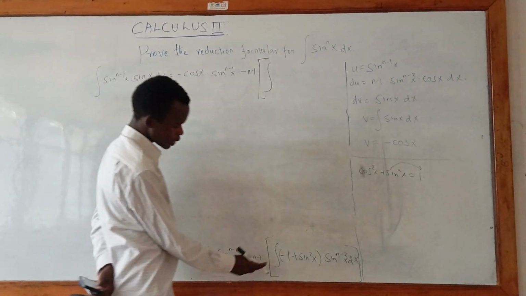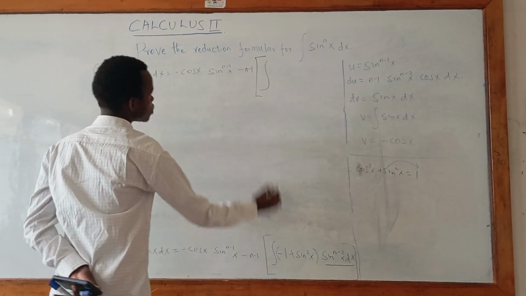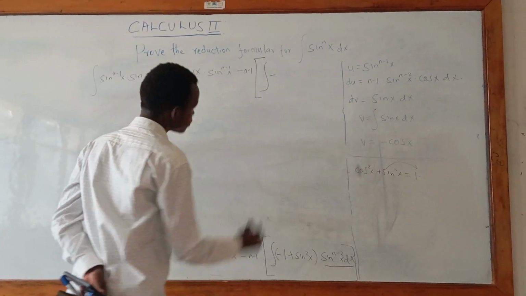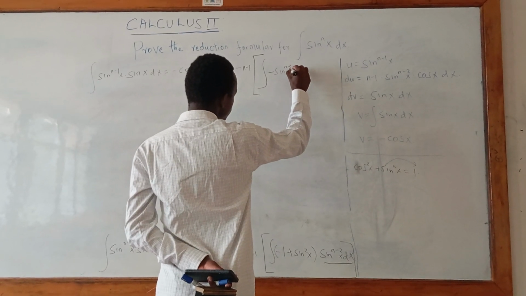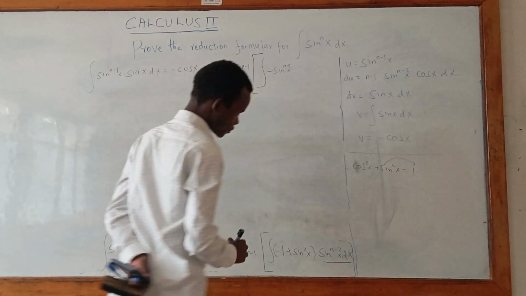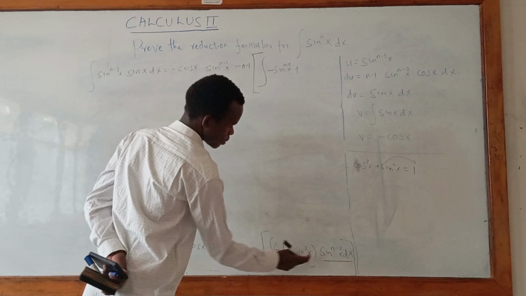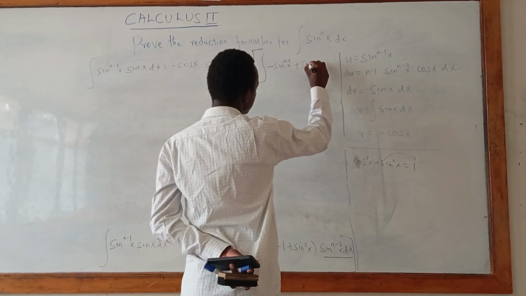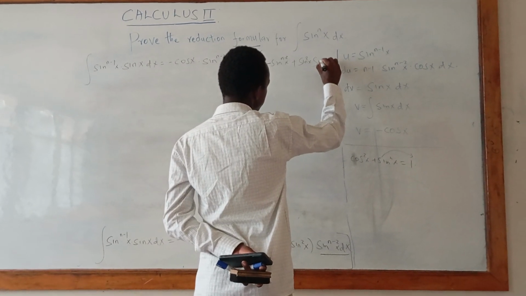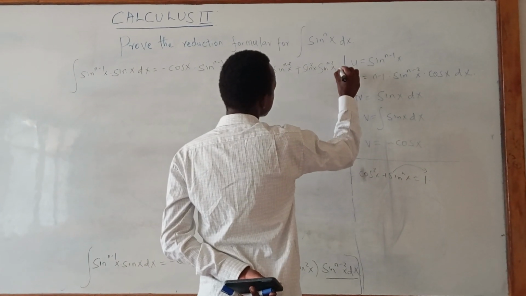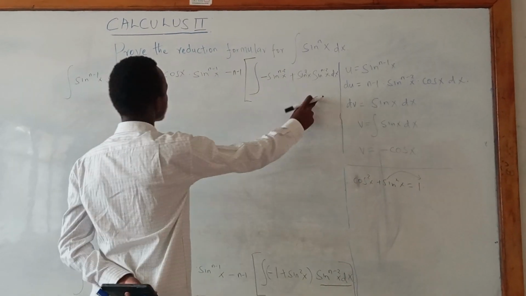Let's open this bracket: this multiplied by negative 1 will be negative sin^(n-2)(x), plus this multiplied by this will be sin^2(x) multiplied by sin^(n-2)(x) dx.